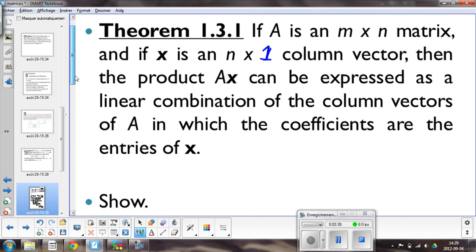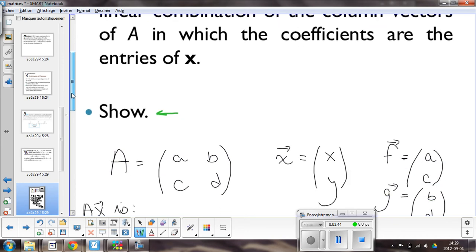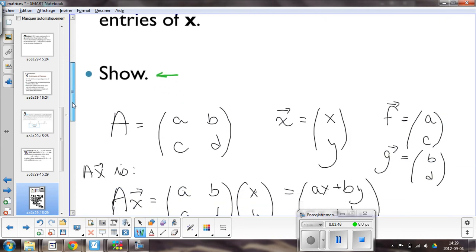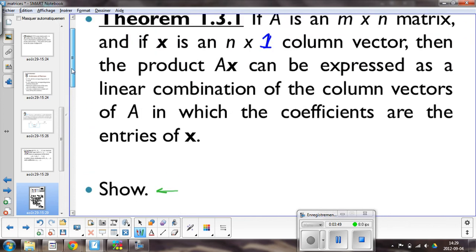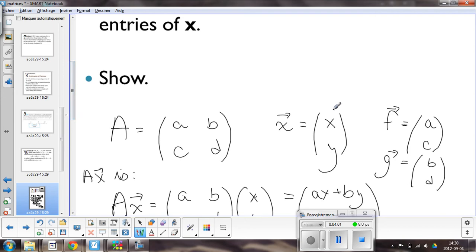Okay, I'll let you show it in your spare time, but what we'll do instead is we'll try with a simple example. So we're needing to write down a certain product AX, so we need to write down a matrix and a vector. So I've taken a 2 by 2 matrix, so it's a 2 by 1 vector. A and X are here, and I've written the entries here. So they're scalars. I don't know what they are. Real numbers inside of A and real numbers inside of X. These are not variables. They're real numbers.